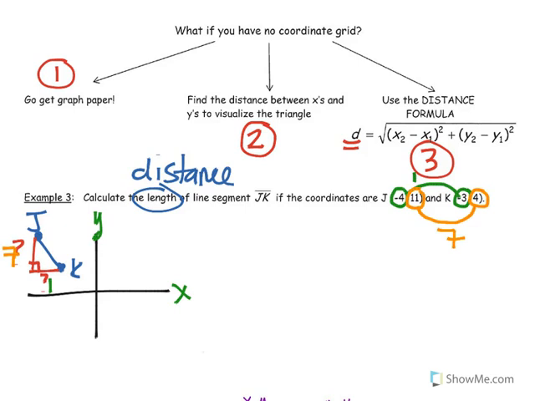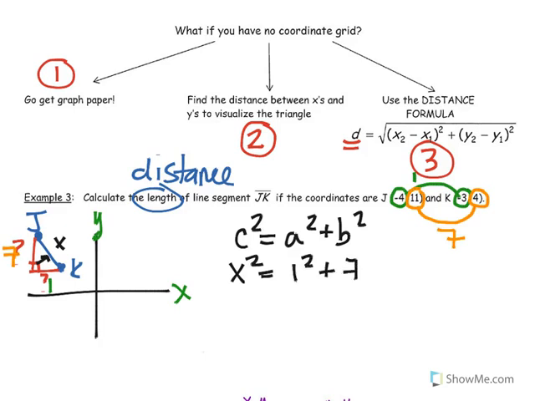Now that I know those distances, they have become the legs of my right triangle, so I can use the Pythagorean theorem. I'm still looking for the hypotenuse, so c is still the x, and the distances have become a and b in my formula. So x squared equals 1 squared is 1, plus 7 squared is 49.